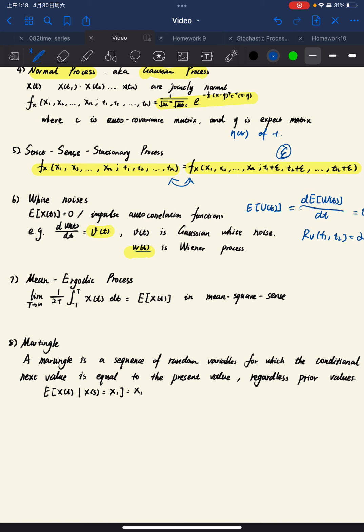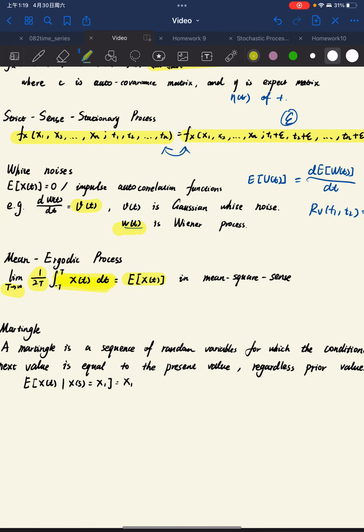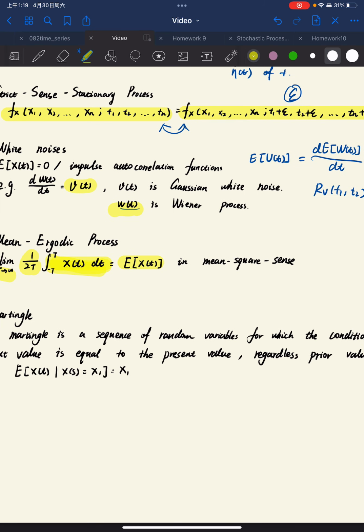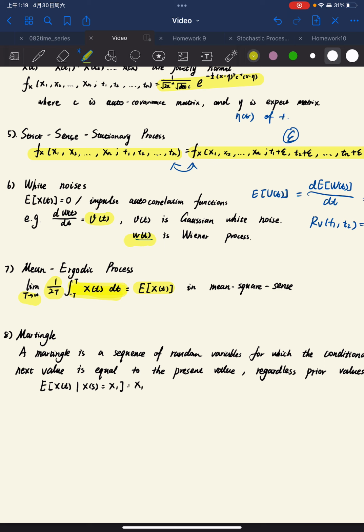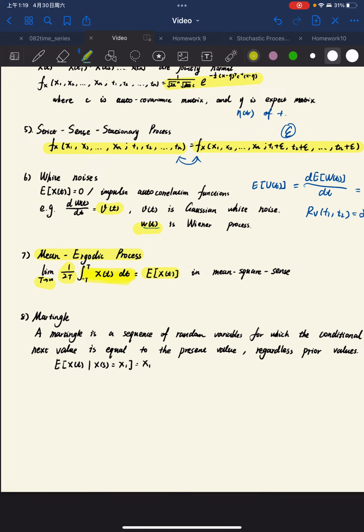If its limit, when T gets closer to infinity, follows the integral of Xt from negative T to T times 1/2T, and if we can find that the answer is the same as its expected value in the mean square sense, then its mean square sense is the same, and we call this a mean ergodic process.